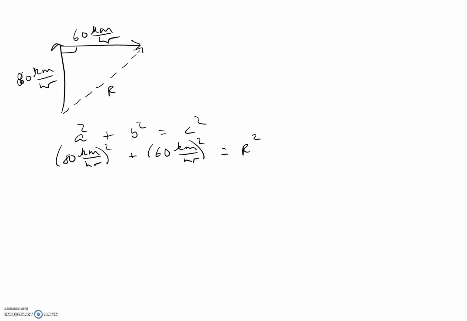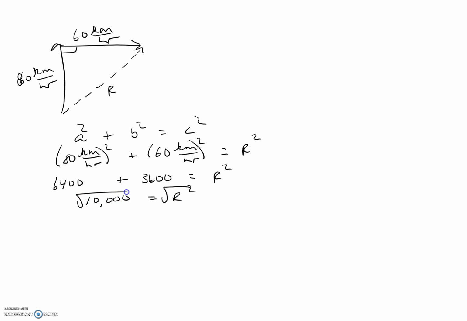So 80 squared is going to give us 6,400. 60 squared is going to give us 3,600. And that's going to equal our r squared. 6,400 and 3,600 is going to give us 10,000, and that equals r squared.